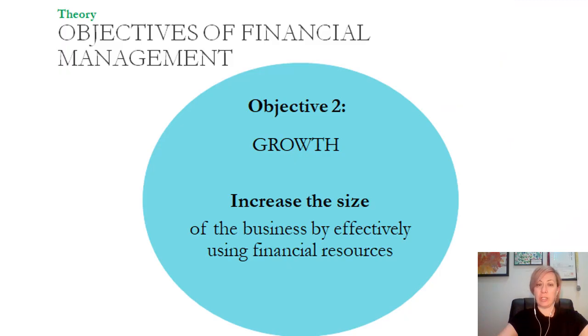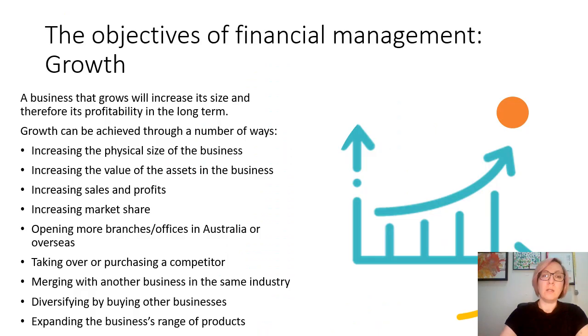So with financial objective 2, which is growth, this is looking at increasing the size of the business by effectively using financial resources. So there's different ways that a business can grow, and some of the ways that they can do that is increase the physical size of the business, increase the value of the assets in the business, increase sales and profits, increase market share, open more branches.